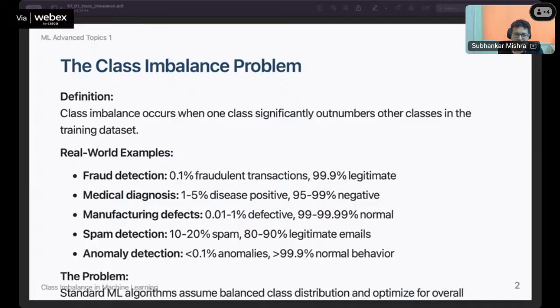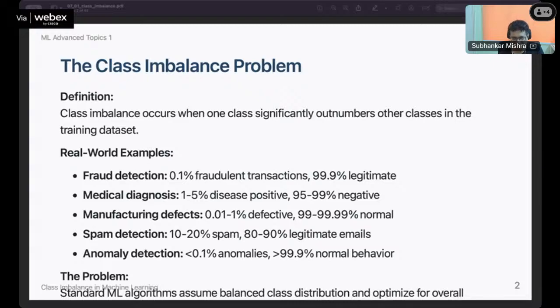If I just predict all of the emails to be non-spam, legitimate emails, or in fraud detection, I don't care about fraudulent because I just care about accuracy, so I'll just declare every email as legitimate. Then I will have 99.9% accuracy, but I have learned nothing. I will not be able to detect fraudulent transactions at all.